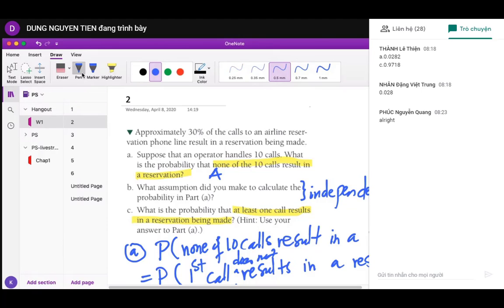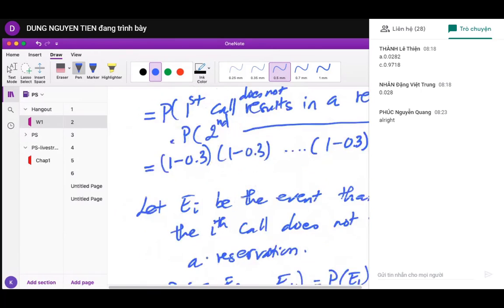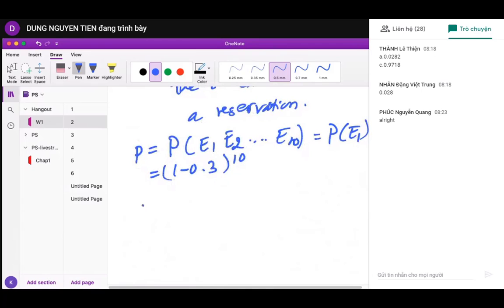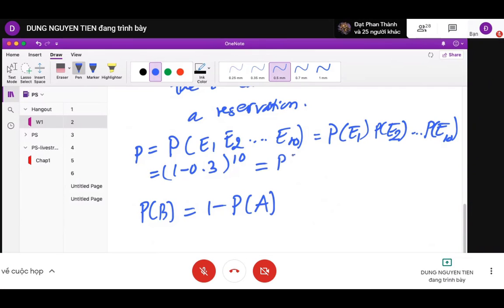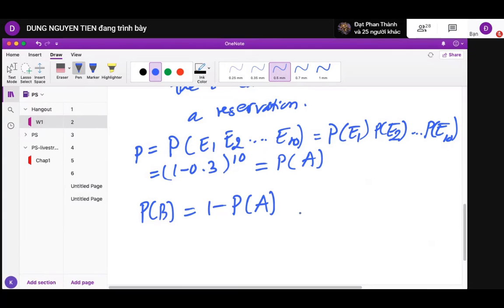Then the probability of B is 1 minus the probability of A, where the probability of A is the one that you already obtained. So the answer will be 1 minus 0.3 to the 10.